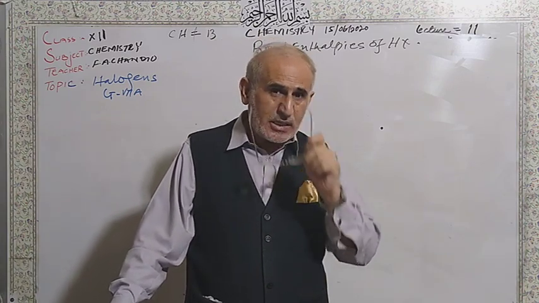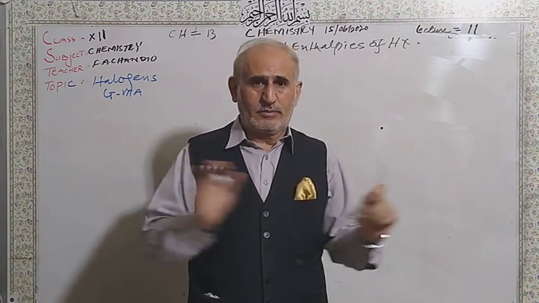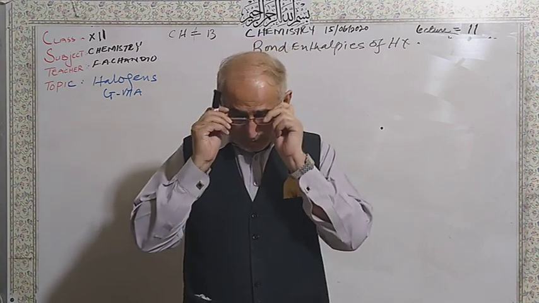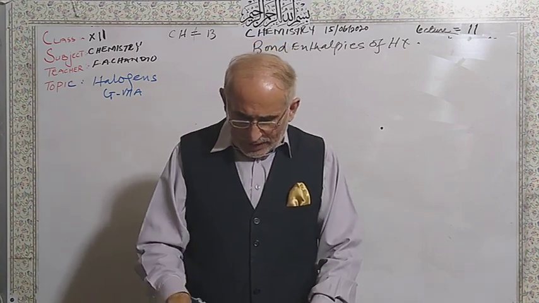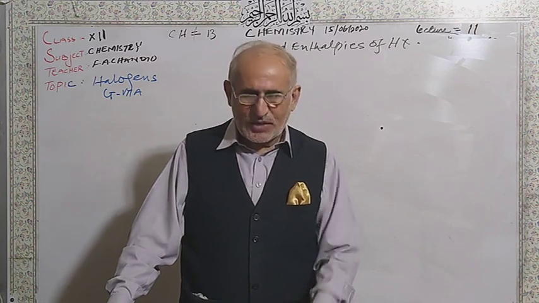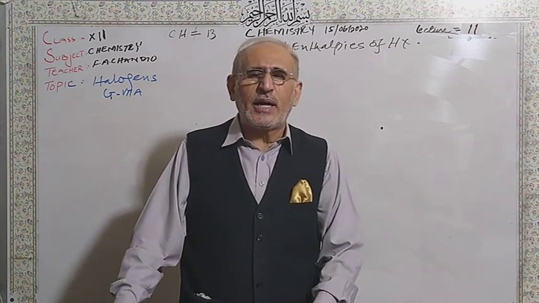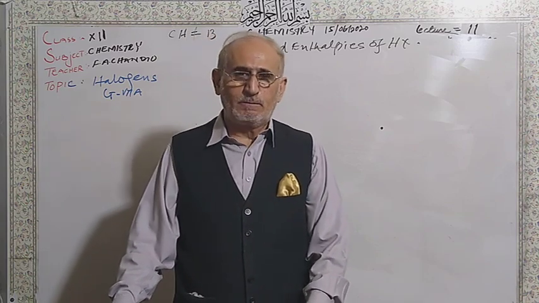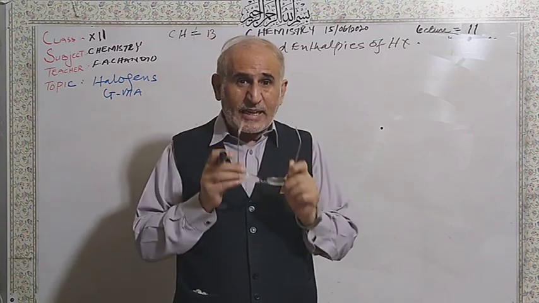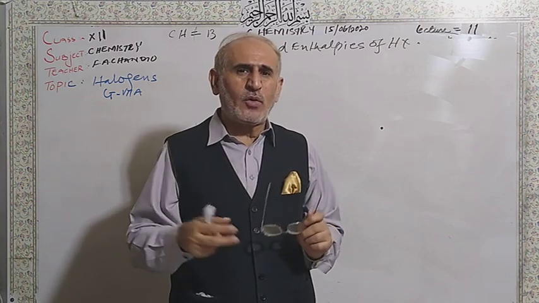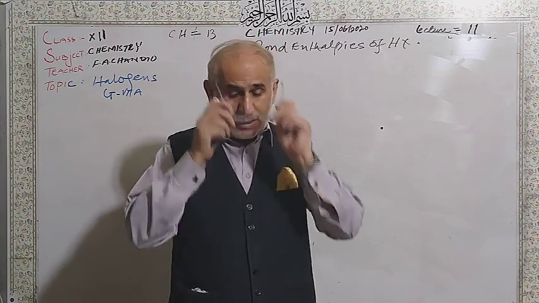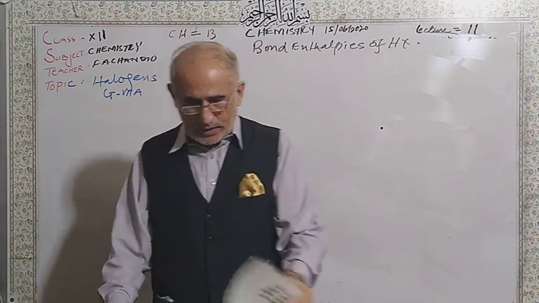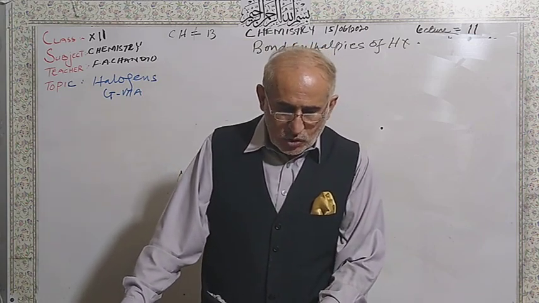The bonding pairs are going to be away, distant from each other. Due to this reason, the attraction between the hydrogen and halogen will be less. That's why the bond gets weaker. Bonds getting weaker means less energy is required to break the bond between hydrogen and halogen.